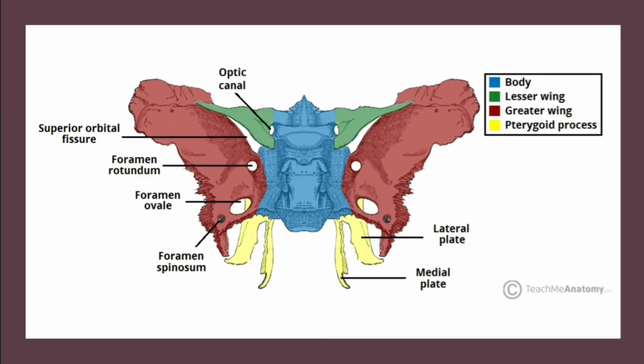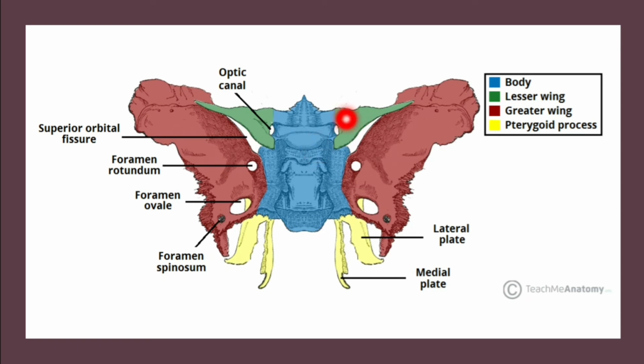Okay, so let's look. General orientation: this bone has four main parts. The body, this one in blue, and then its wings. This bone looks like a bat or a flying insect. That's why you see the naming.